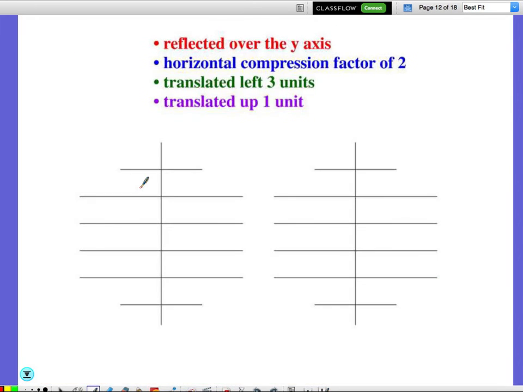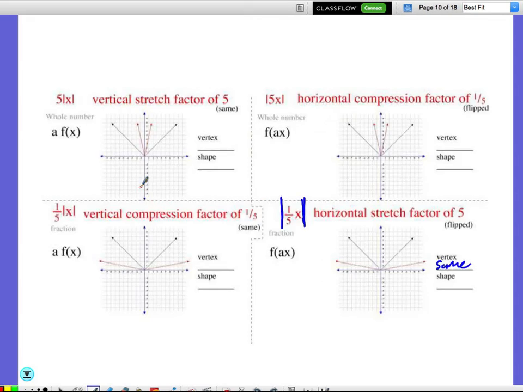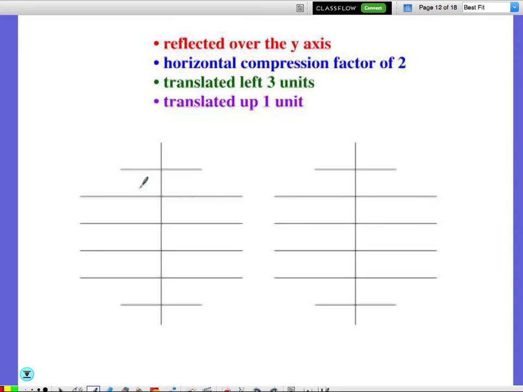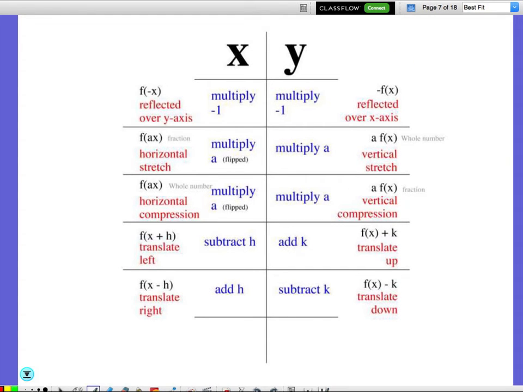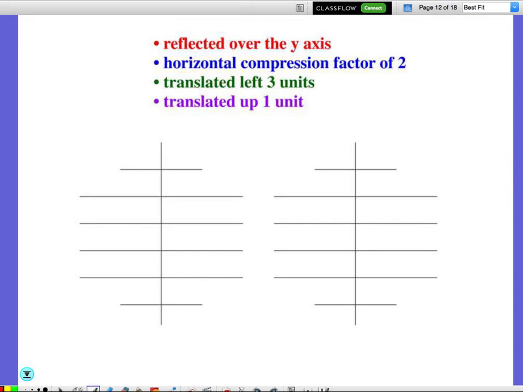And what I want to do is, give me a second here, I want to use this right here, this chart. This is going to be very helpful. Alright. So again, here are my transformations.